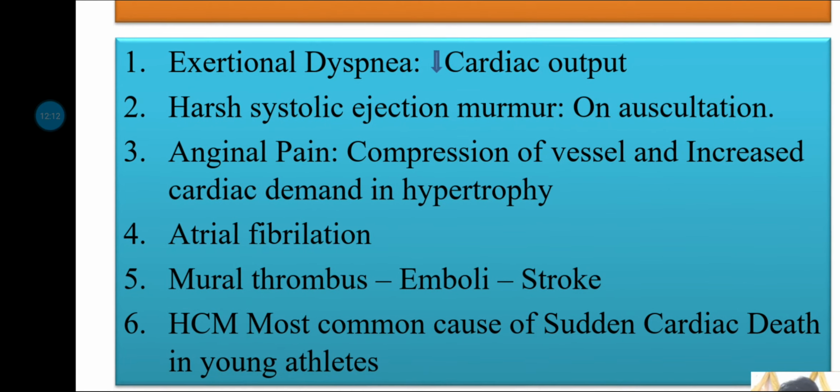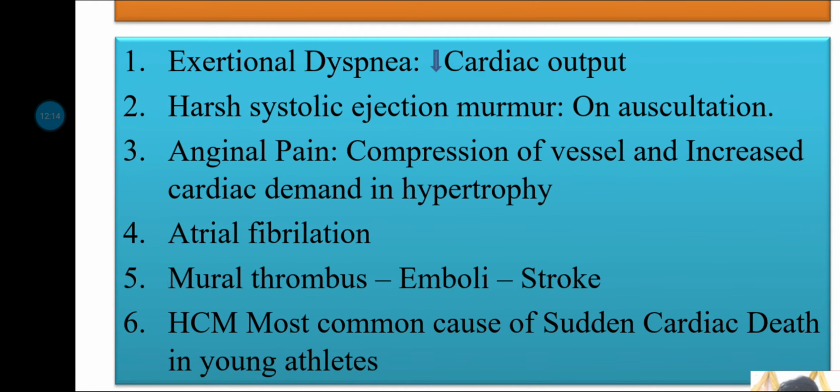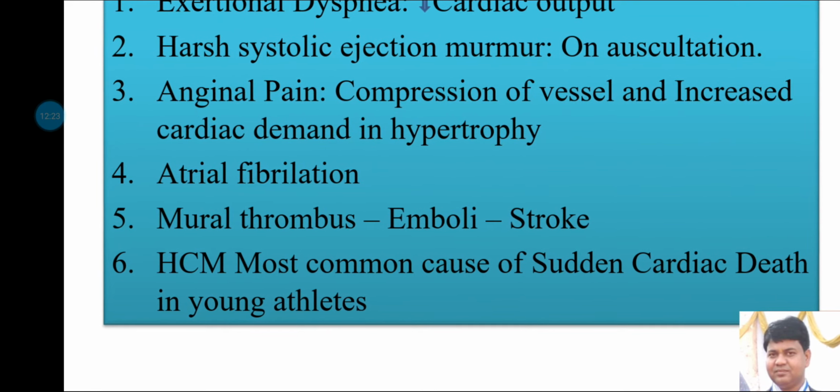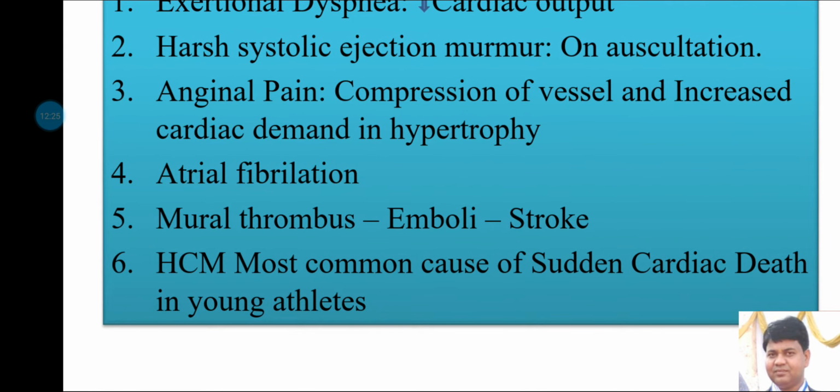The patient may also experience anginal pain due to the compression of vessels and increased oxygen demands in hypertrophy, and there may be atrial fibrillation due to the enlargement of the atrium.